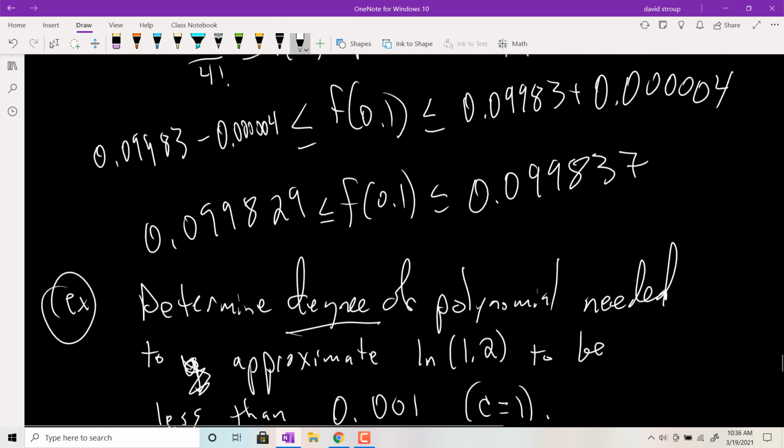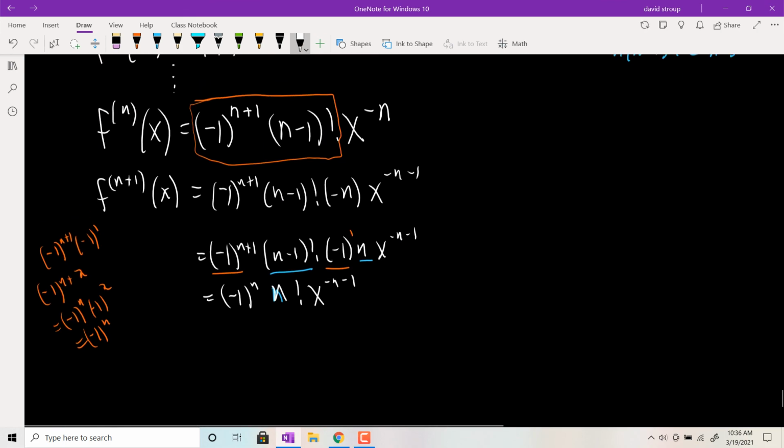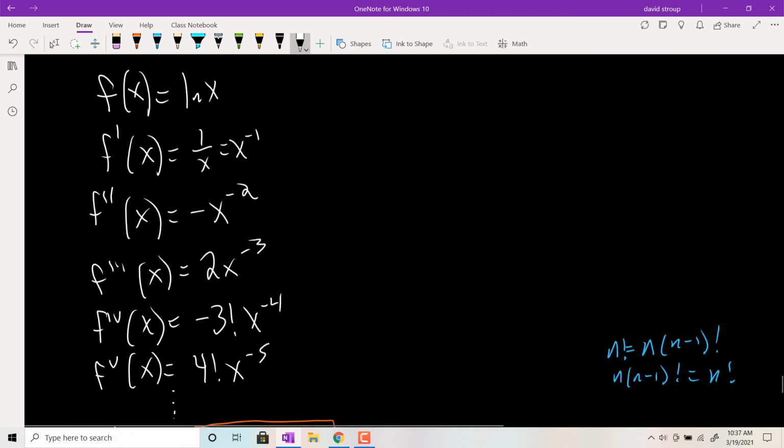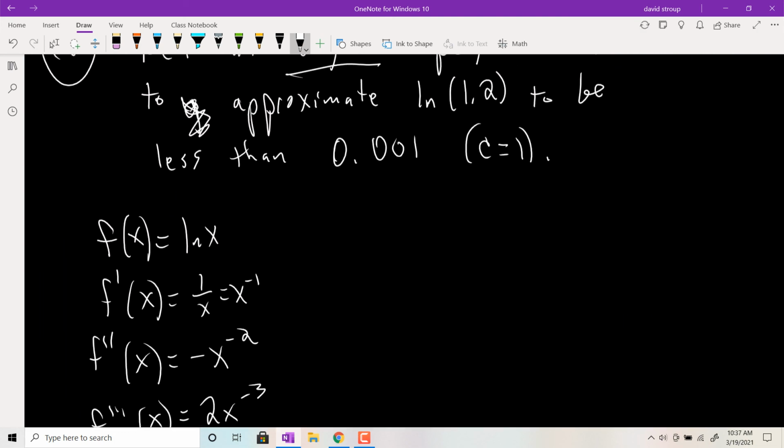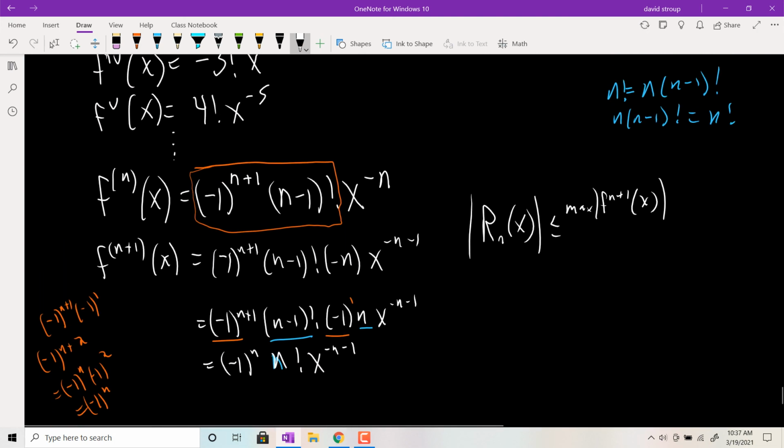And then for our R of n formula, we need the maximum of the absolute value of that thing. Let's remind ourselves, for our inequality, we need the max of the absolute value of the n plus first derivative of f on the interval that we're worried about. The interval is from x to c, where c is 1 and x is 1.2.